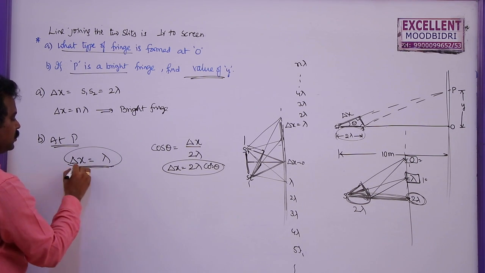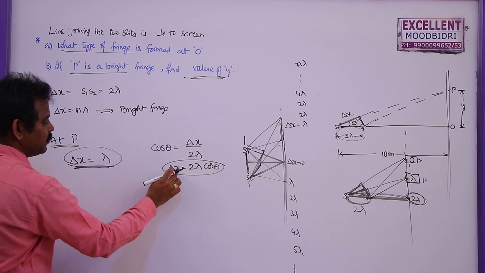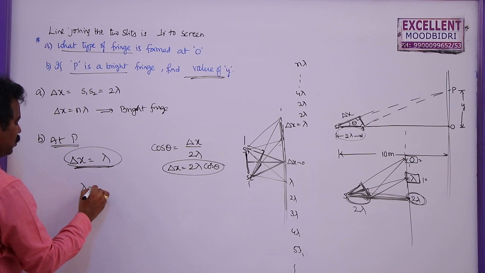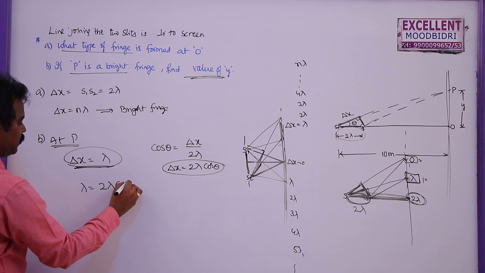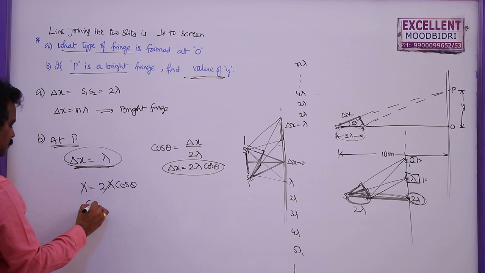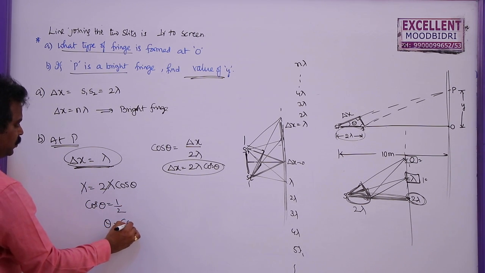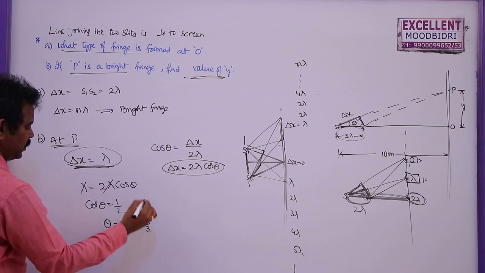So from that basic point we got this as lambda, but from the diagram we got this as 2 lambda cos theta. So now equating these two, lambda is equal to 2 lambda cos theta, lambda gets cancelled, cos theta is equal to 1 by 2. So theta should be 60 degrees or pi by 3 radians.